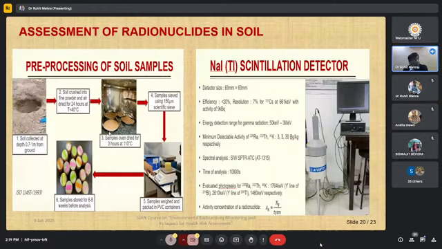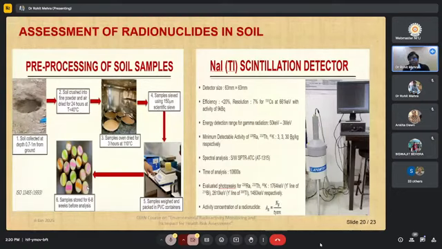least 3 months. The reason is the humidity has to be removed from the soil samples, and the packing is to be done in such a fashion that each container should match the required geometry of your measuring instrument.